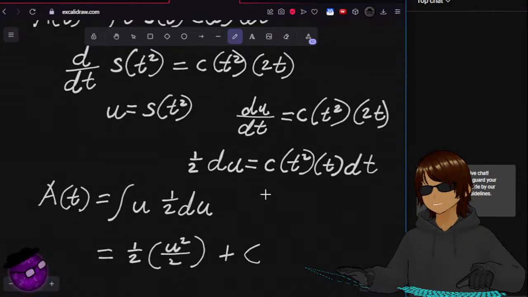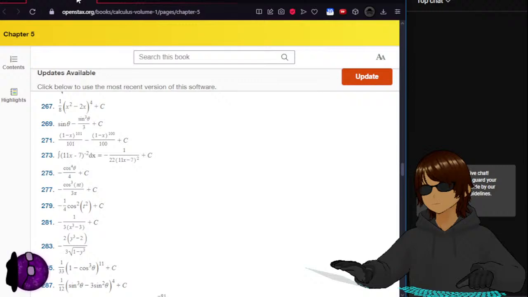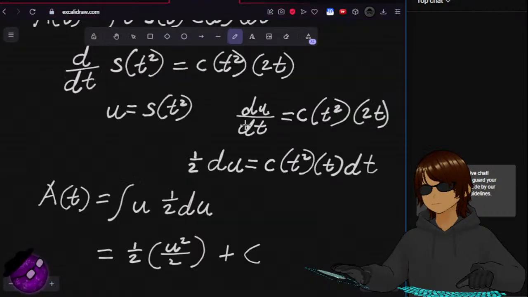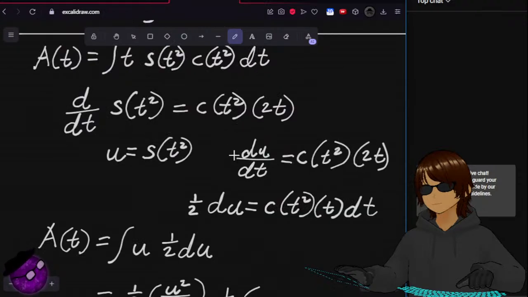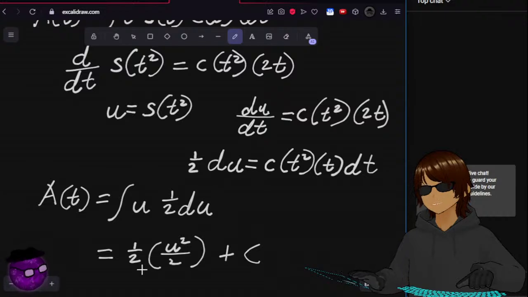U is sine t square. This answer should be correct.